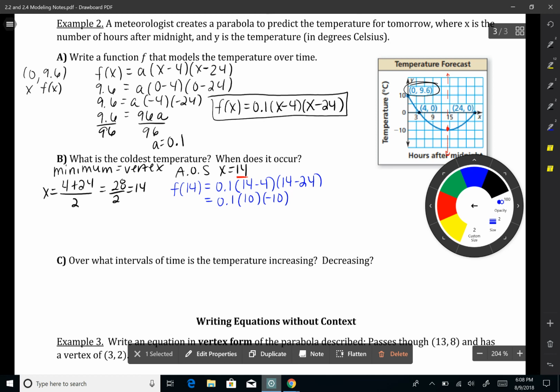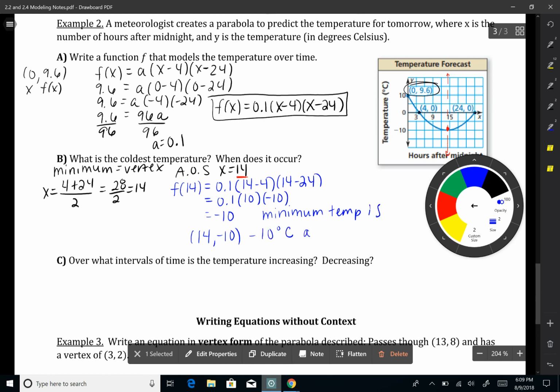When you multiply those together, 0.1 times 10 is just 1, and then times -10 gives you -10. And you might have seen, or it might be very obvious, that that y value is -10. So the minimum temperature is -10 degrees Celsius, and that occurs 14 hours after midnight. That's what your x value represents.